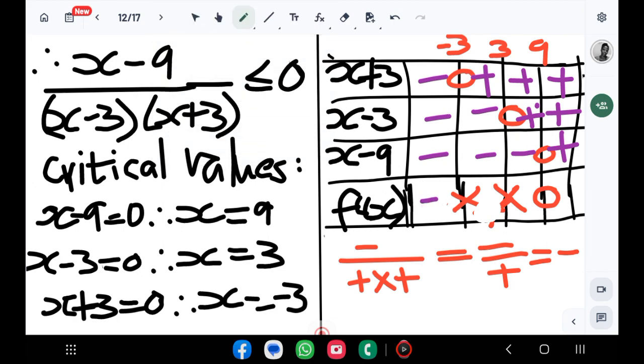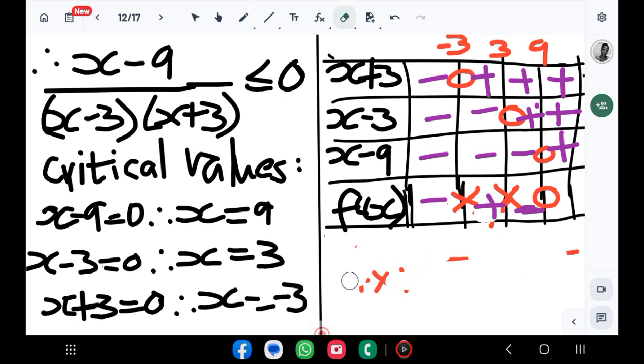Alright, we've got negative, then positive. In this one, that is negative between 3 and 9. And then to the right of 9, we've got x minus 9, which is positive.